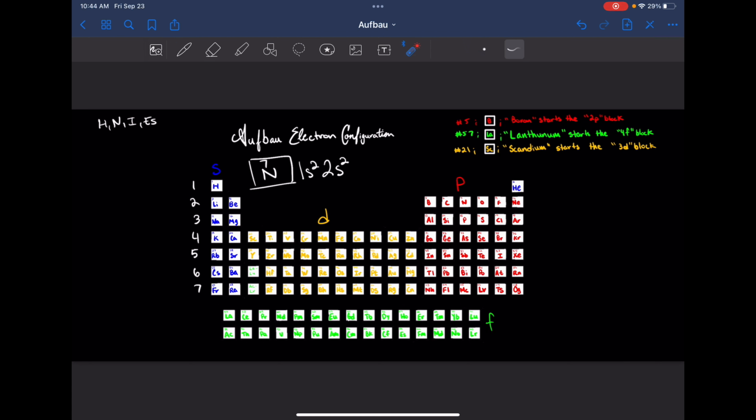Now, I've written a rule right here. It says number 5 for our periodic table, atomic number, boron, starts the 2p block. There is no 1p block. So we have 2p1, 2, 3. Nitrogen stops at 2p3.